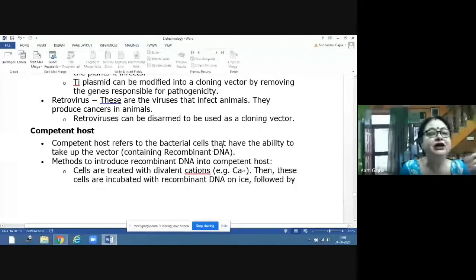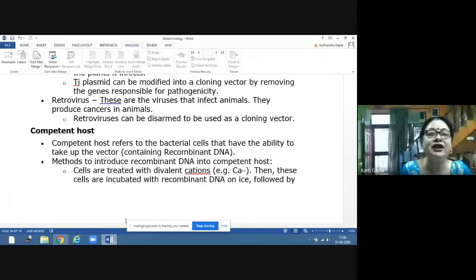Recombinant DNA. In the majority of cases, the commonly used host is Escherichia coli. And then that is cultured on a large scale, and the gene of interest can be used for commercial purposes.